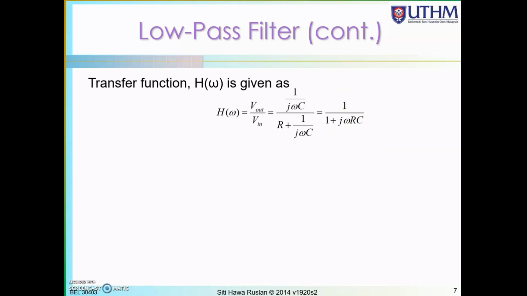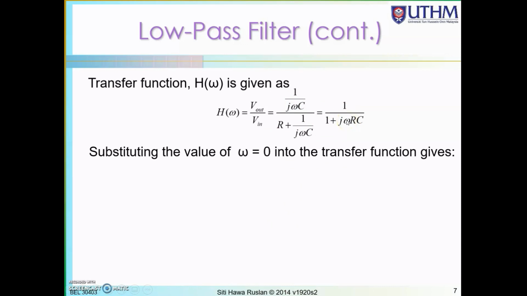Now, from this equation, we substitute omega with a value of 0. What will happen? If omega is 0, this term will be 0, so you have 1 over 1. Your transfer function gives you 1, which is the highest gain for your circuit.